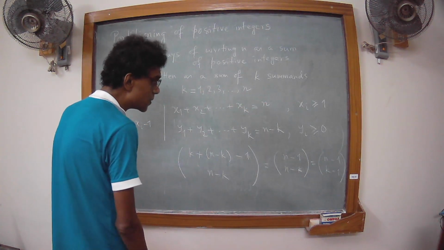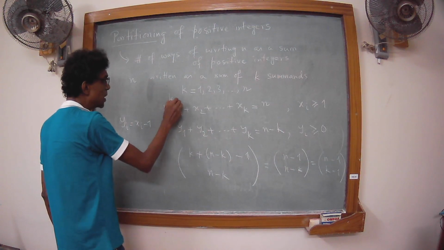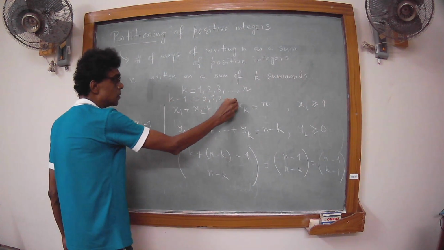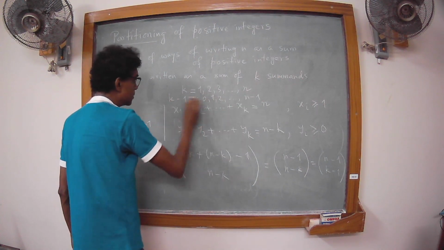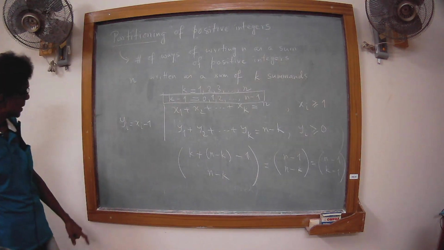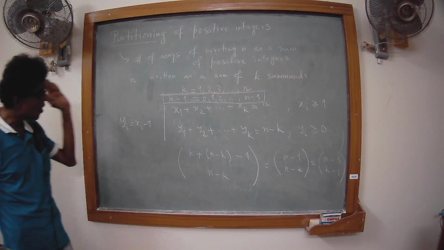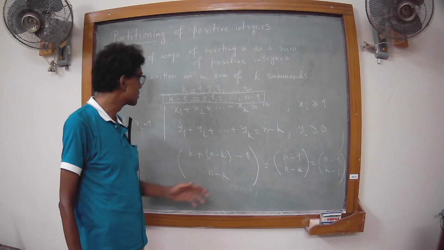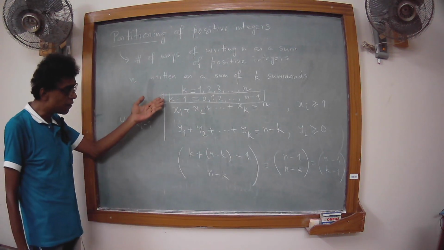And therefore, k minus 1 can take any value 0, 1, 2 up to n minus 1.